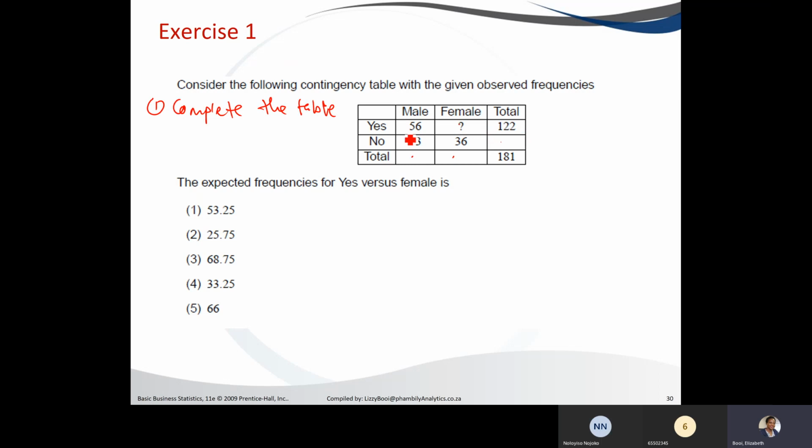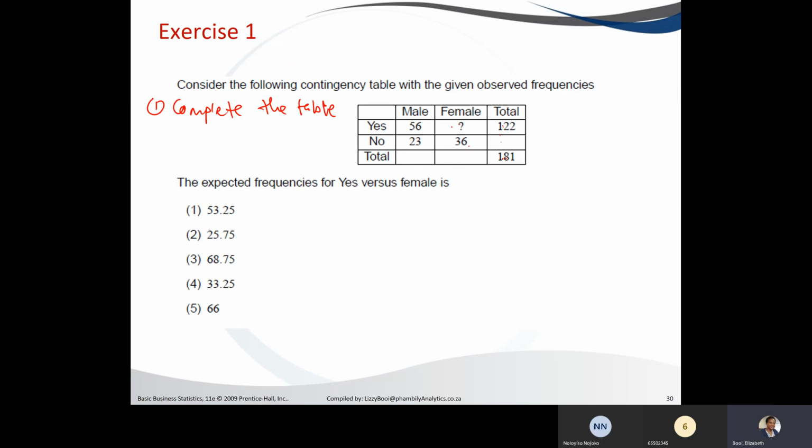Because this is a total, if I subtract 56 from the total, I will get the value there. Also the same, 181 subtract the total of 122, I will get the value there. Or you can add both of these values and get the answer there. It's up to you how you want to do this, but I expect you to complete the whole table.